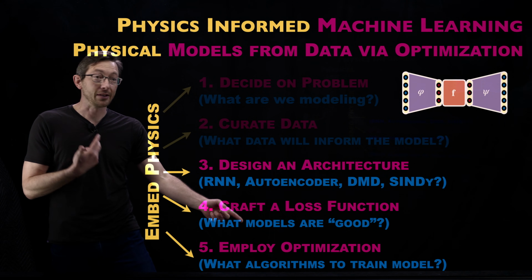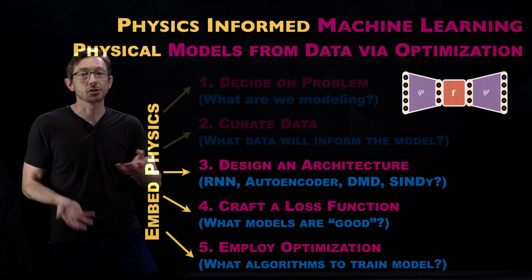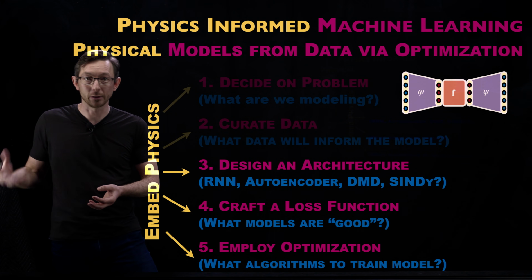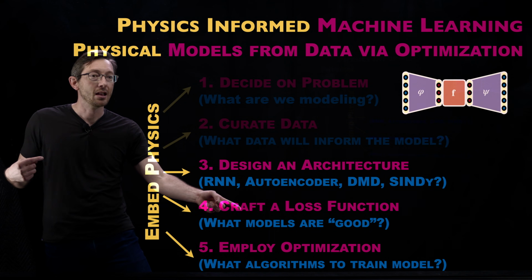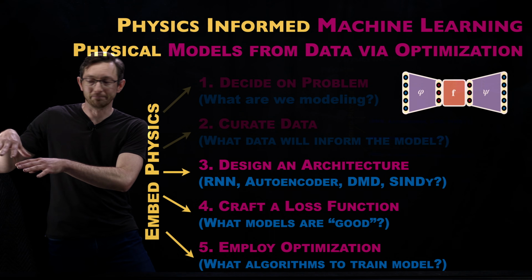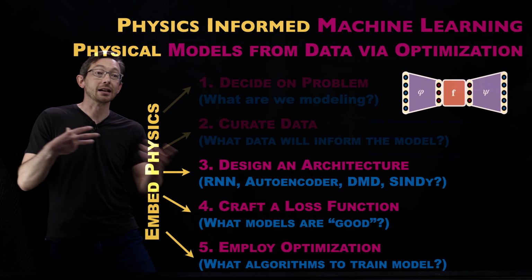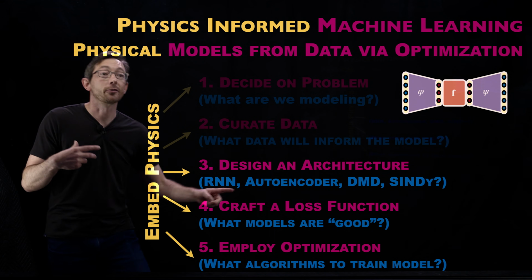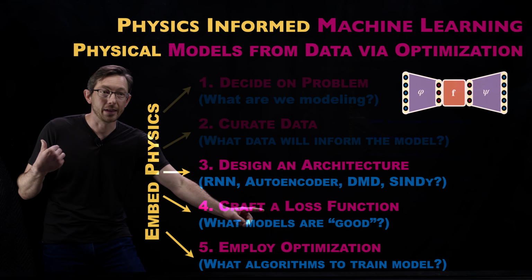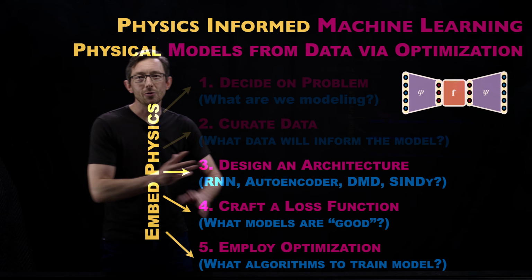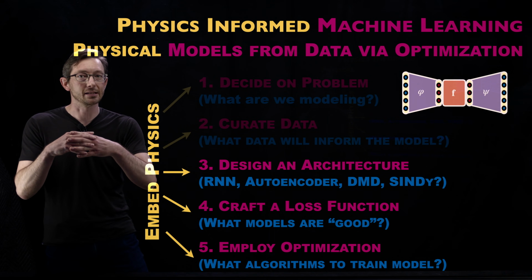And oftentimes if I have a custom loss function, I can't just use an off-the-shelf stochastic gradient descent or least squares algorithm. I can't just use a standard optimization algorithm. Oftentimes I need a custom optimization algorithm for my custom loss function that I need to train my custom architecture. So these three are usually pretty hard to disentangle.